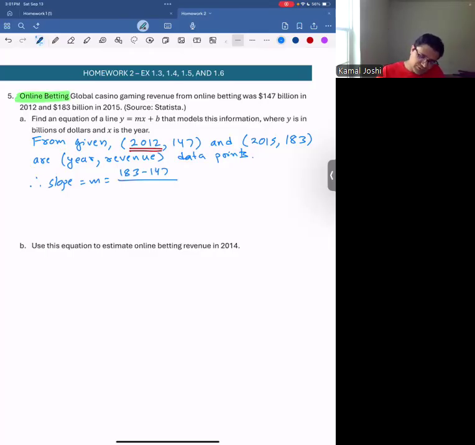And x2 minus x1 will be 2015 minus 2012, 3 years. So that is 36 over 3, that is 12. Okay, so it will be $12 billion per year. That is the slope. We don't have to write the units, I'm just writing for clarity. Billions per year. At that rate, the revenue is increasing every year.